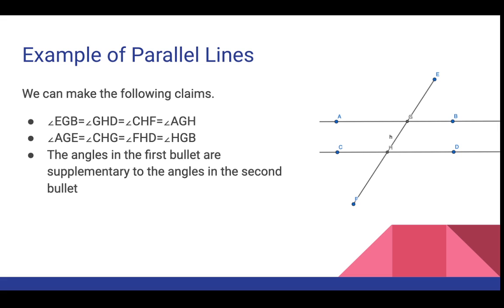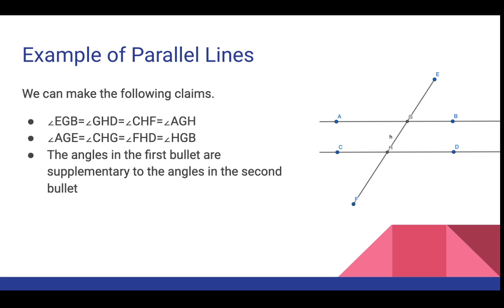Why? Well, angle GHD and CHF are vertical angles, which means they're congruent. And then that is equal to angle AGH. Why? Well, angle CHF and angle AGH are corresponding angles. So all of these four angles are congruent.